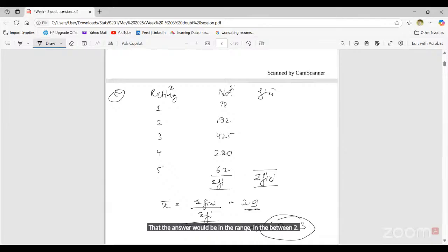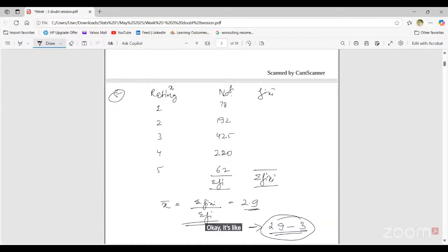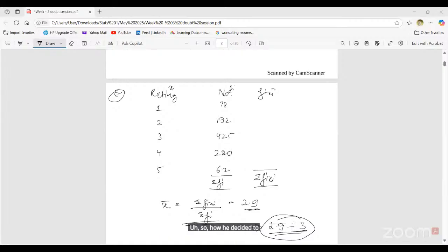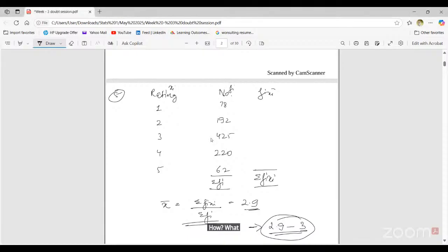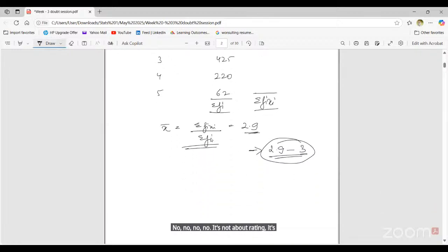The answer should be in between this number. It's like the rating is from 2.9 stars to 3 stars. How did they get 2.9? See, it's not about rating. It's about the answer. Your answer should come between.